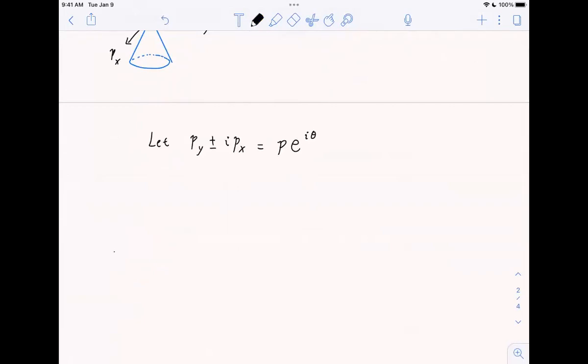So here we are going to use the Py on this axis, and the Px on this axis, and this is the angle.